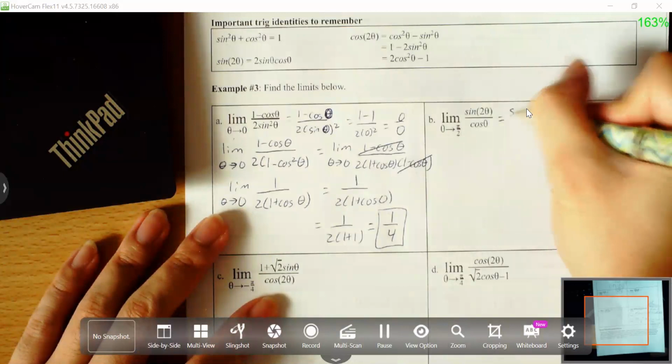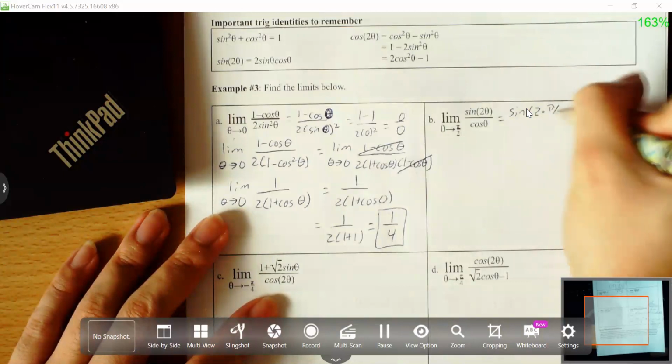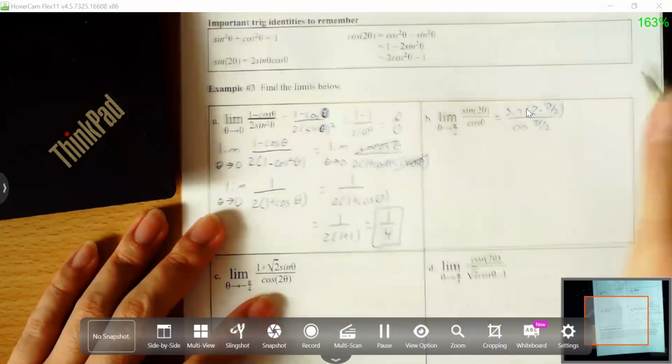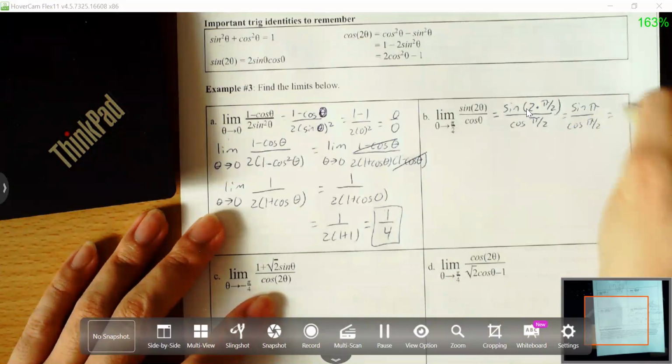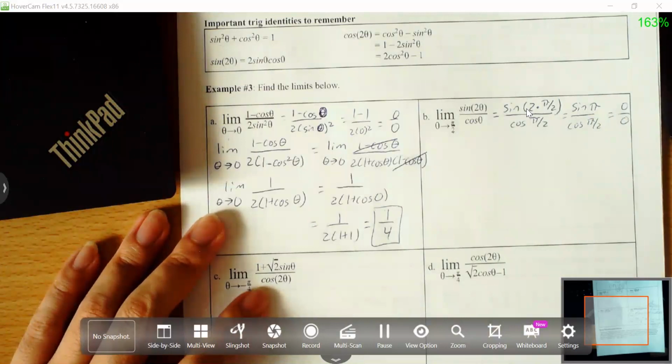But once again, you don't necessarily have to show this. So if I do this, this is sine of pi over cosine of pi over 2, which is 0 over 0. Okay. So it's indeterminate form.